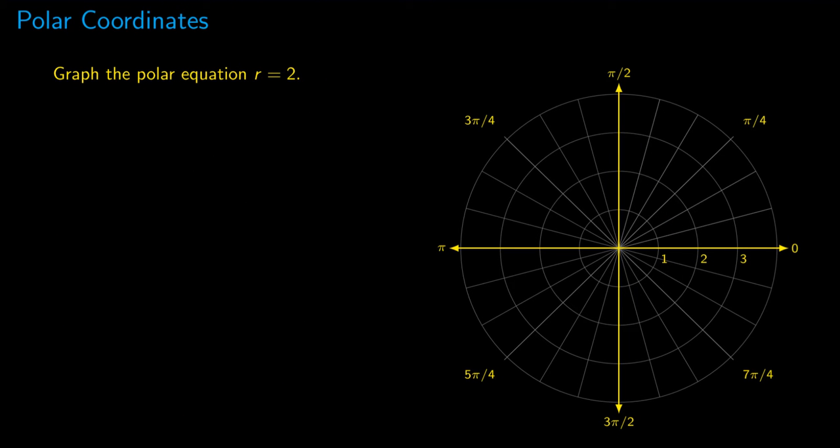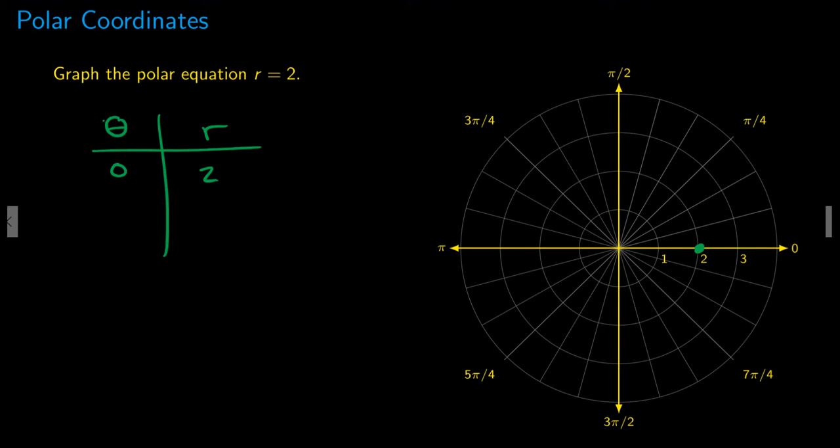So we can also talk about equations in polar coordinates. And if we wanted to graph the polar equation r equals 2, we would set up a table. So we'd have theta values and r values. And when theta equals 0, we'd have r equals 2. So we could plot that. Theta 0, r equals 2.